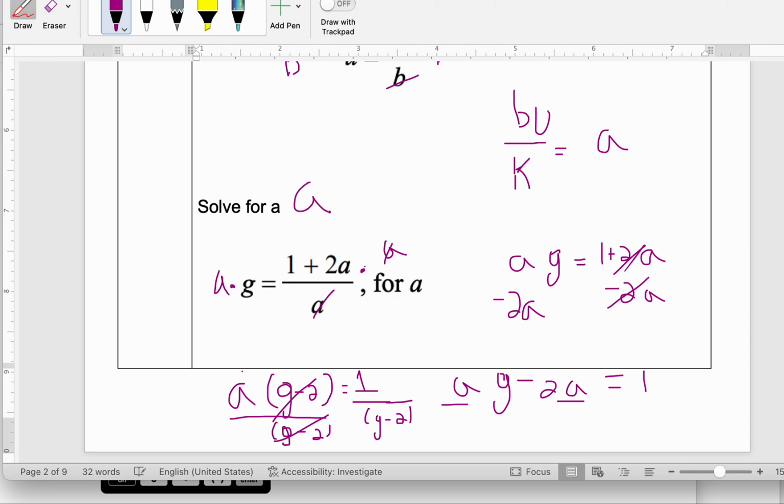So just to sum it up so you see it: 1 over G minus 2. Oh, it's the worst G in the world. Let's see if I can make that G a little bit better.